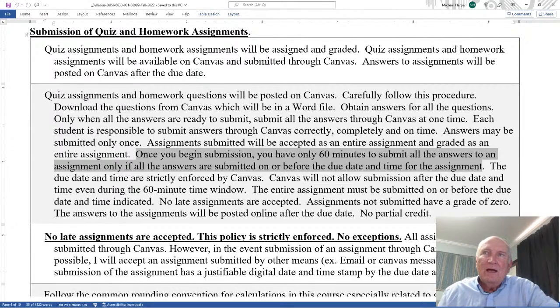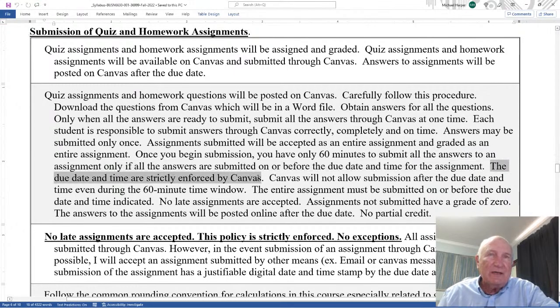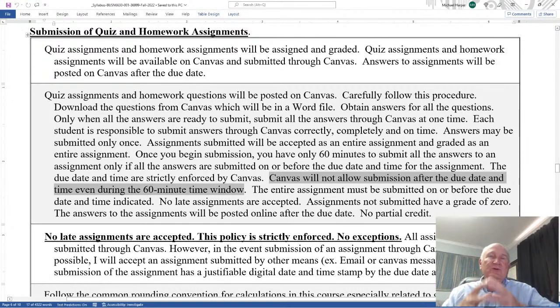But notice what I say here: only if all the answers are submitted on or before the due date and time for the assignment. The due date and time are strictly enforced by Canvas. Canvas will not allow submission after the due date and time, even during the 60-minute time window. In other words, the due date and time supersedes the 60 minutes.